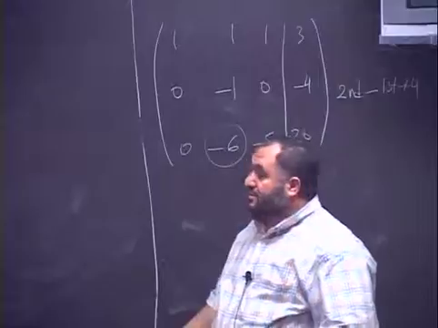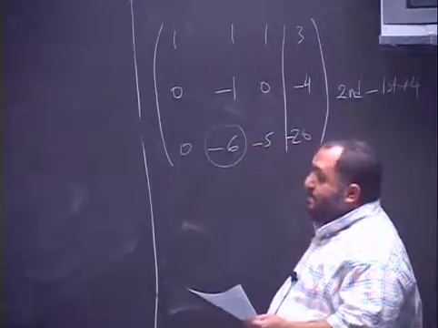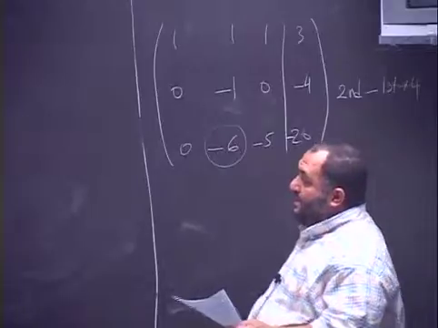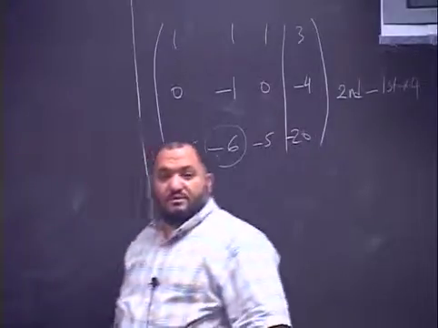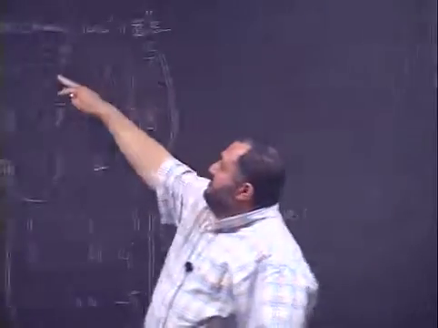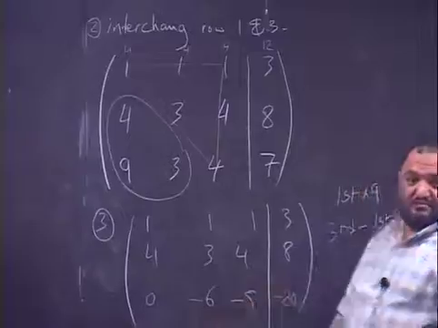So the x2 term should be... no, multiply by 4, so this will be 4, this will be 4, this will be 4, and this is 12. 4 minus 4 is 0. 3 minus 4 is minus 1. 4 minus 4 is 0. 8 minus 12 is minus 4. So I multiplied by 4, and then I subtract the new line from the second line.